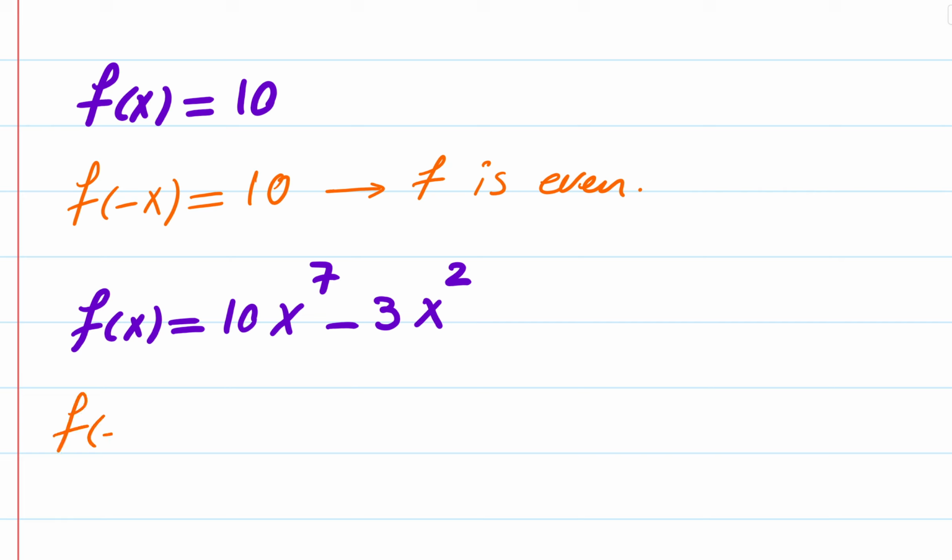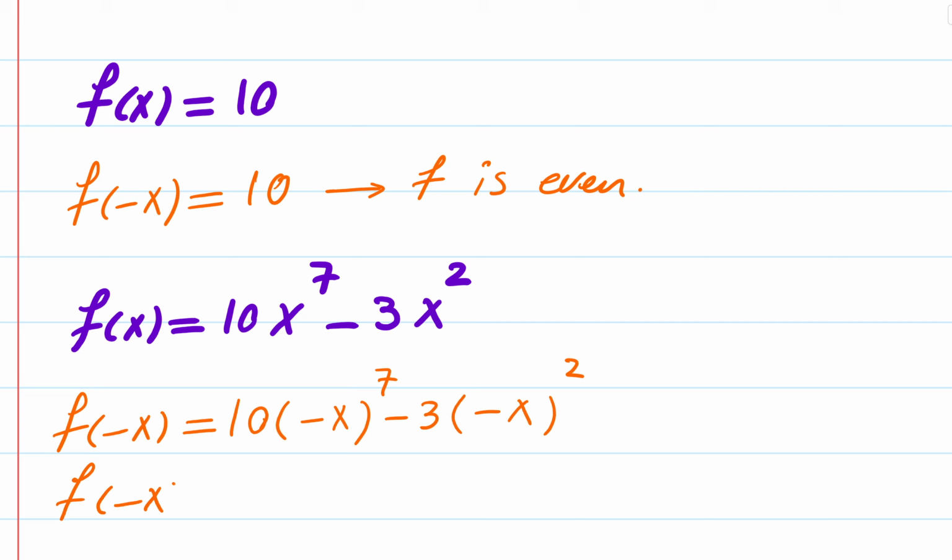Let's see what is f of negative x. f of negative x equals 10 times negative x to the power 7 minus 3 times negative x to the power 2.